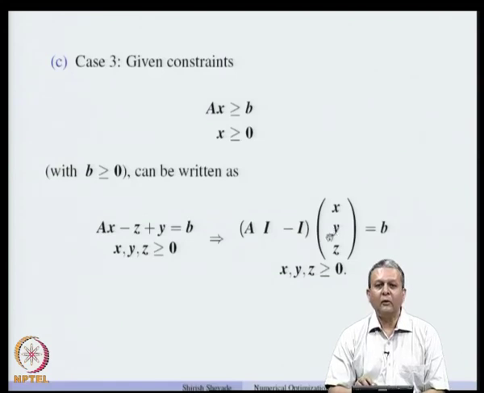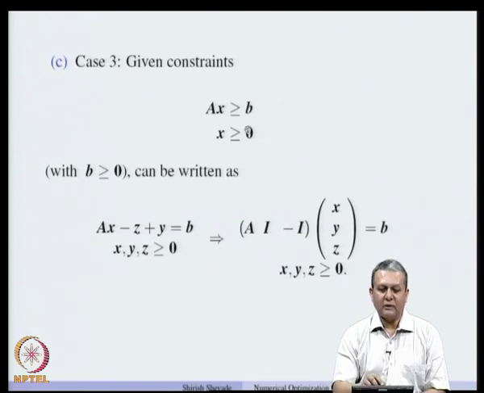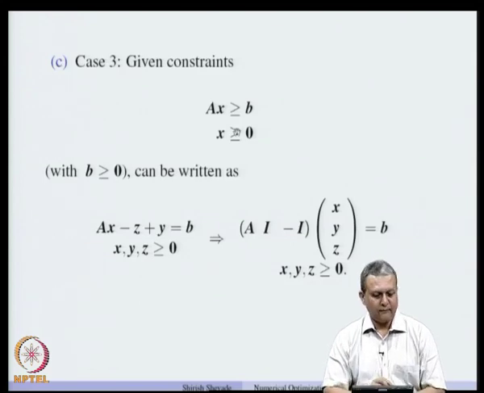So, x and z become non-basic, y becomes basic with the value b, and then we solve the artificial linear program as we did in the previous case to get either a basic feasible solution for these constraints or conclude that there does not exist x which satisfies this.